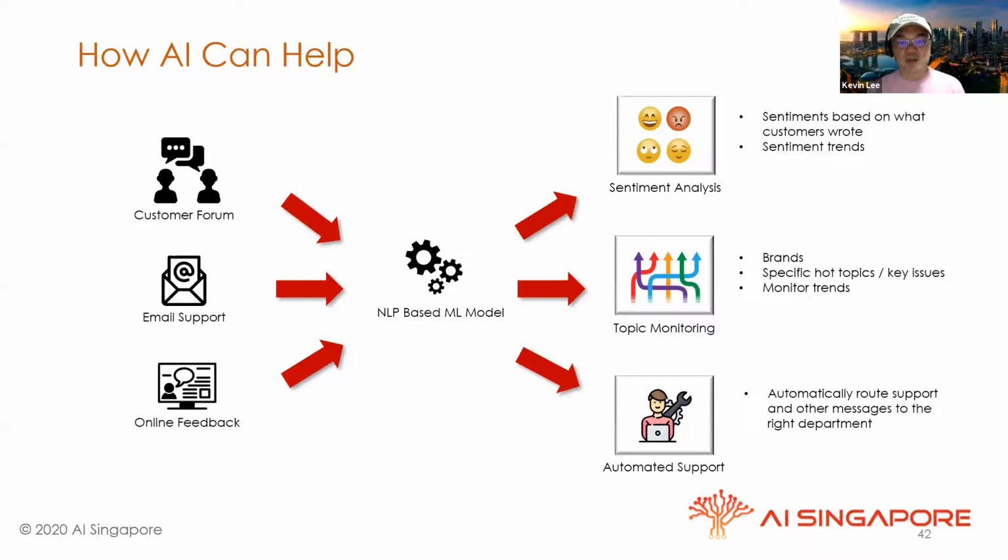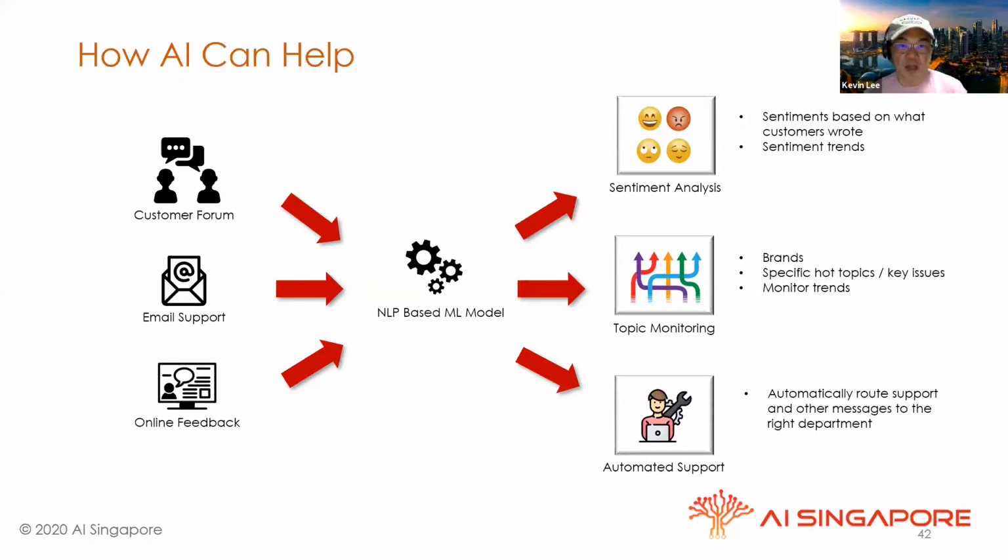It will be able to parse all this information and start to track specific hot topics, key issues, and stuff like that for you. And even more powerful is that it can help you track the emergence of certain topics that you are not even aware of. So topic monitoring is not just about specific topics that you are aware of that you want to monitor. That's definitely doable.